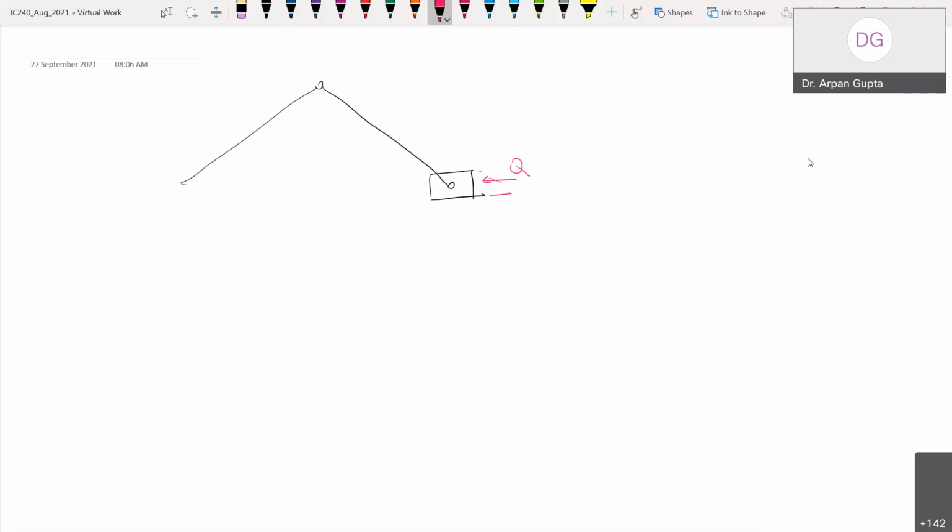So there will also be a friction force F, and there will be a normal reaction N. And here, of course, there will be a reaction R, and there is a load P acting downward.